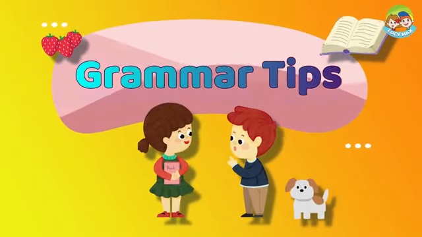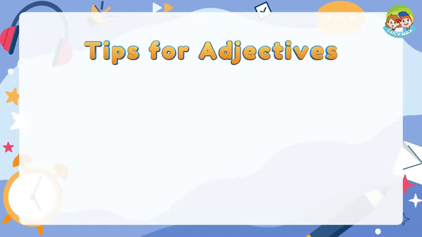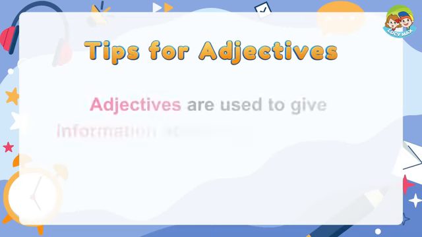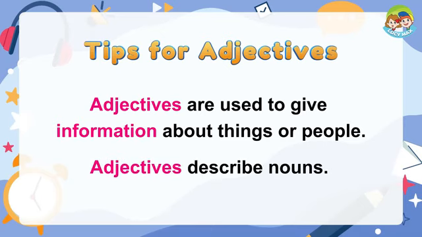Grammar tips. We will look at some tips for adjectives. Adjectives are used to give information about things or people. Adjectives describe nouns. They usually come before nouns.